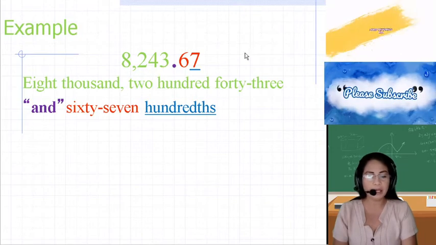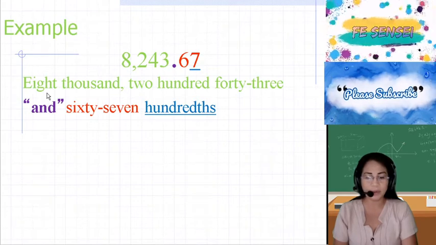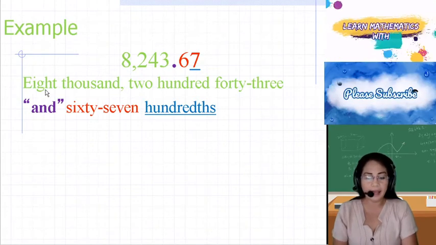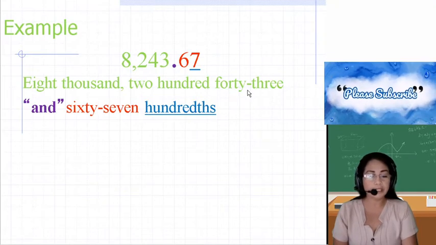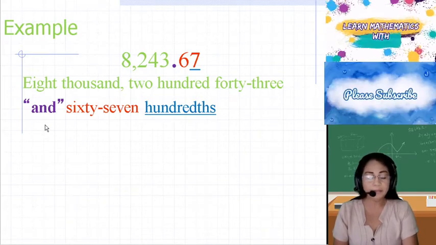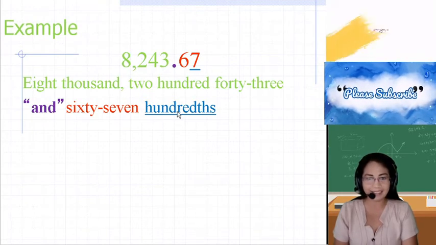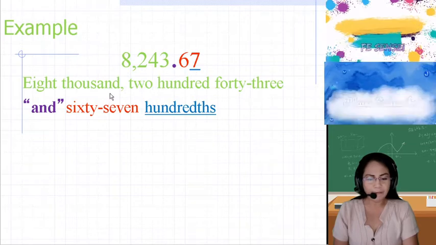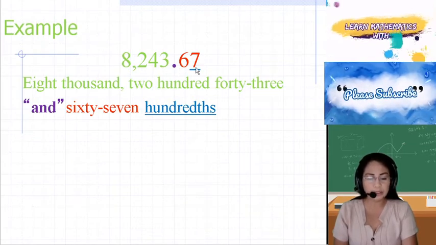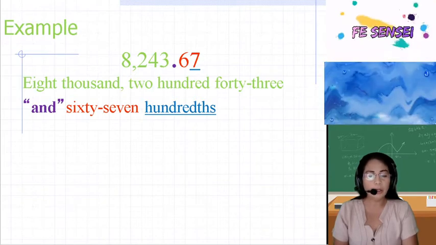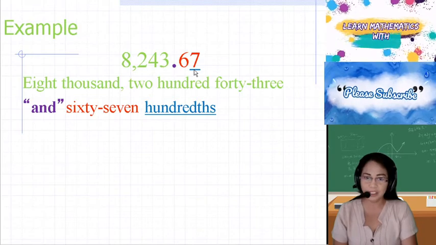So this number can be read and written as 8,243 and 67 hundredths. Remember, after writing the number in the decimal, you must write the place value of the last digit.